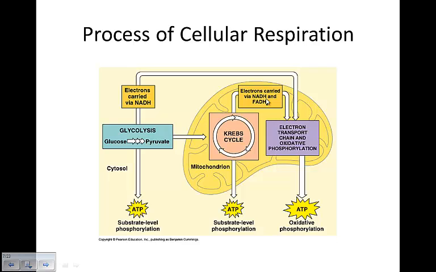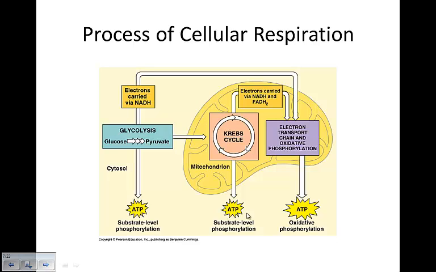So NADPH is in photosynthesis, but now we have NADH for the Krebs cycle. All right, and then we move those electrons into the electron transport chain. We undergo something called oxidative phosphorylation. Okay, this is where these free electrons are going to be used to make more ATP.